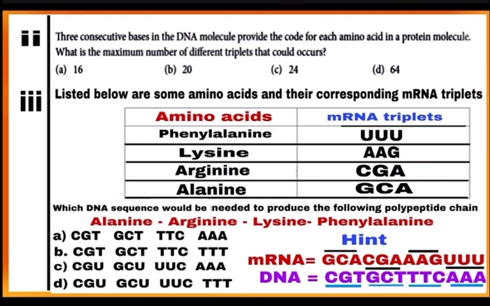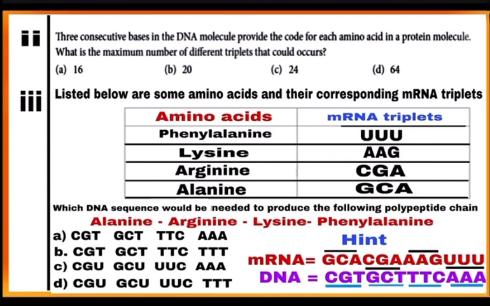See the hint for getting the answer. First make the codon sequence of these four amino acids on the messenger RNA. It will be alanine GCA, arginine CGA, lysine AAG and phenylalanine UUU.